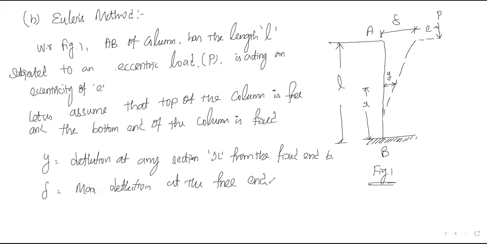So this is the constraint we are going to have. Next, we have to calculate the moment. So moment M is equal to EI into d squared y by dx squared.